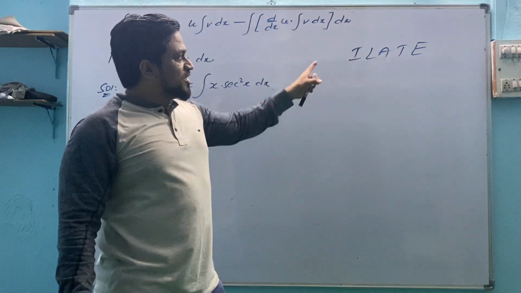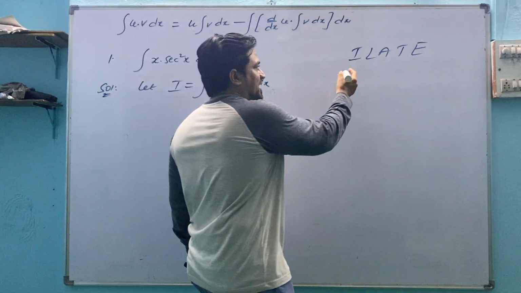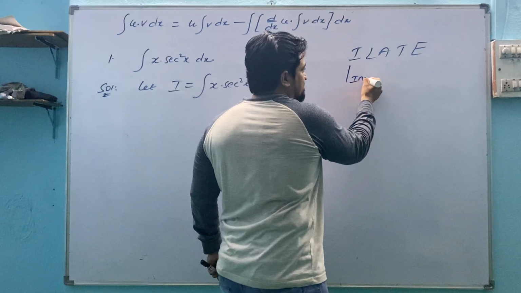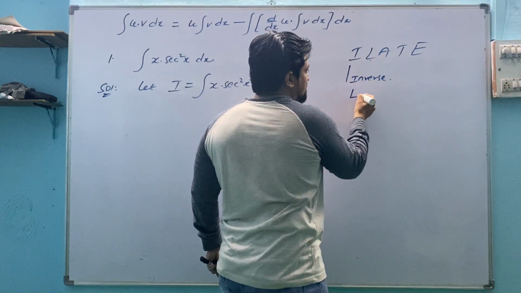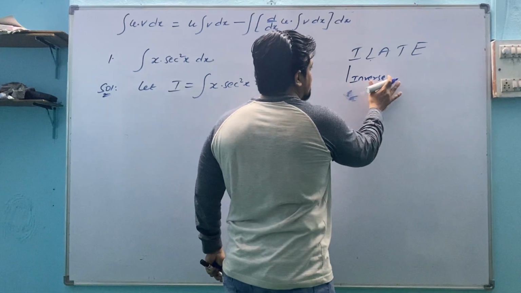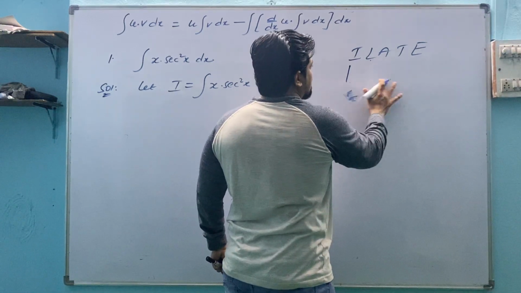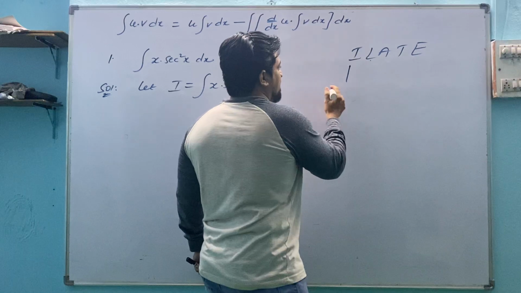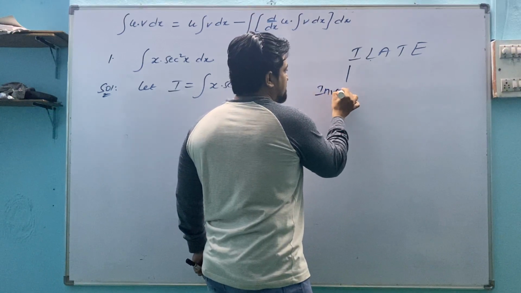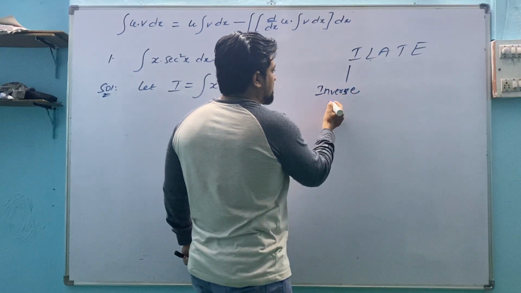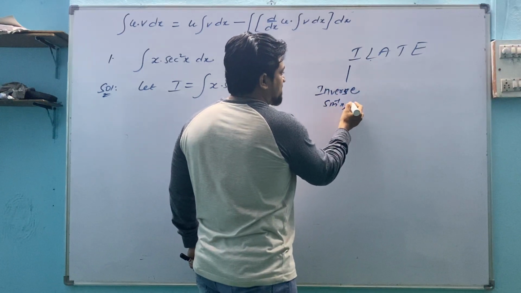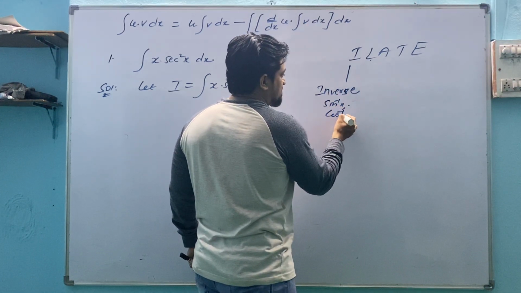Arranging the terms according to ILATE. What is ILATE? I means inverse values. L is logarithmic values. In inverse, we have sine inverse, cos inverse, tan inverse, and so on.